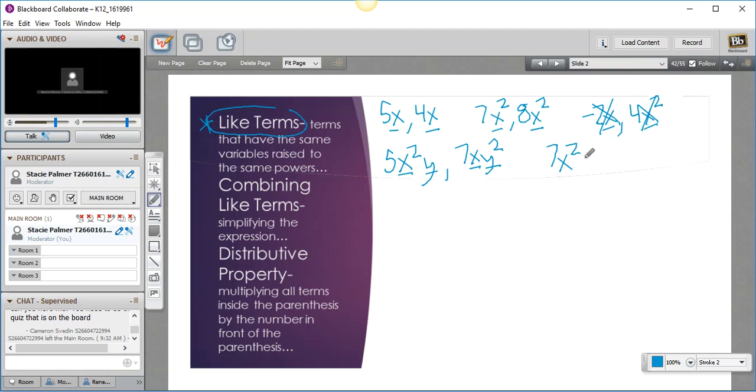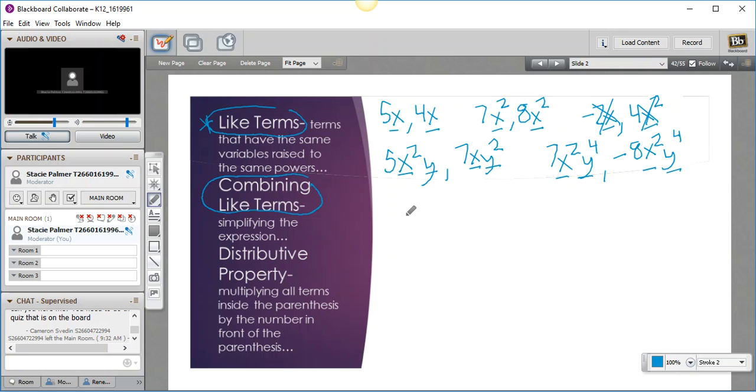So if I give you 7x squared y to the fourth and negative 8x squared y to the fourth, these are like terms because they both have the same variables raised to the exact same powers. Okay, so in math, if terms are like terms, when you simplify an expression, you can combine those like terms.